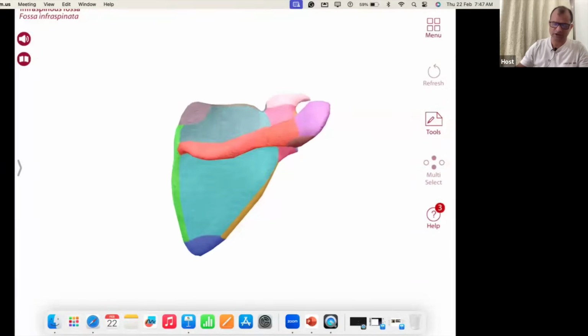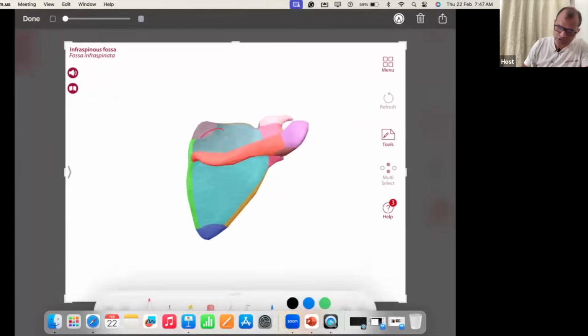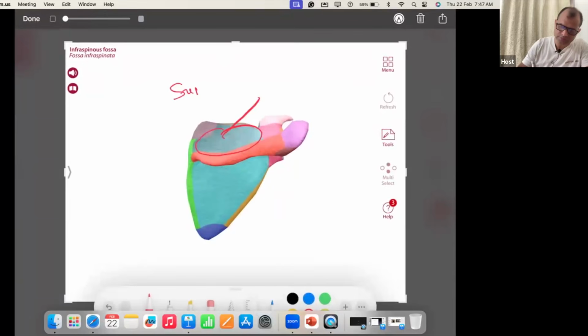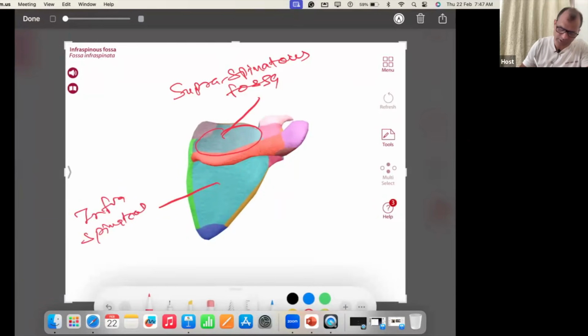And this one is the infraspinatus fossa. And here the muscles come below: the supraspinatus muscle and the infraspinatus muscle.